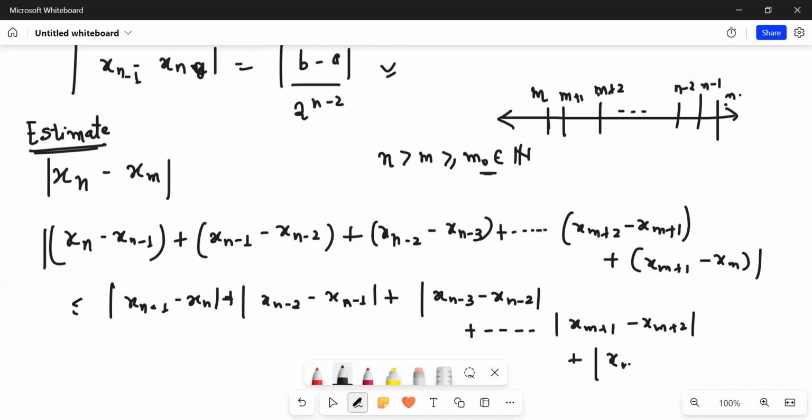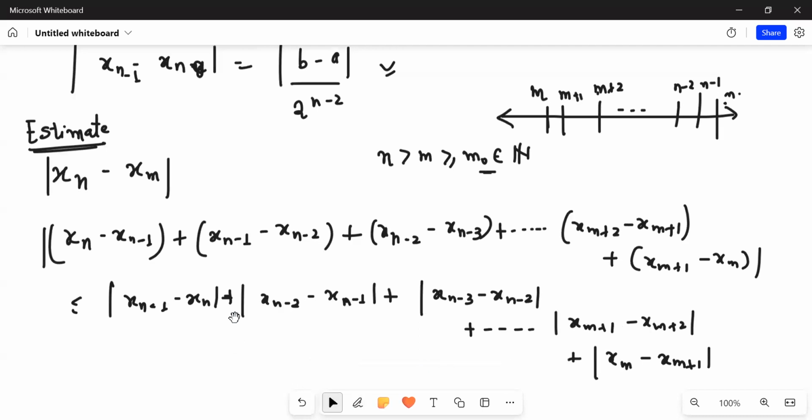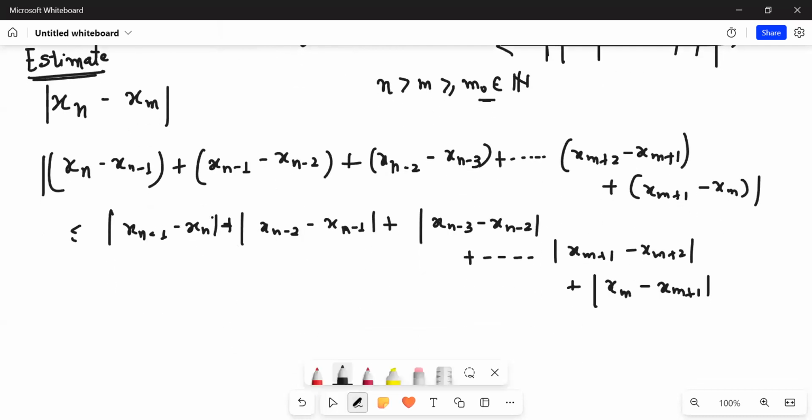And this is xn minus xn plus 1. Triangle inequality, I hope it is clear. And I know that xn minus 1 minus xn is less than or equal to modulus of b minus a divided by 2 raised to power n minus 2. Just now we've done it.